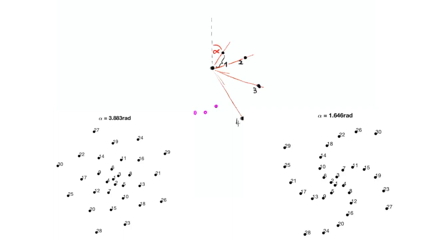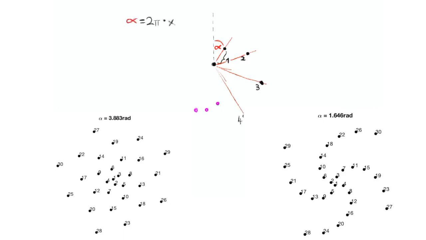Now we want to see how such spirals look for different alpha. For this we use the conversion x equals alpha divided by 2 pi. If x is equal to 1, it goes around once. If x is equal to 0.5, it always goes half a time around the circle to the next point.